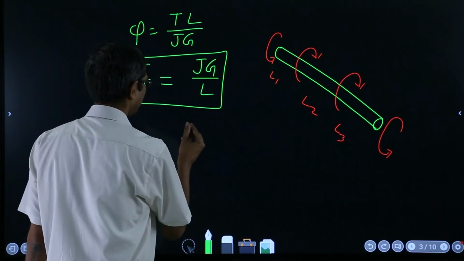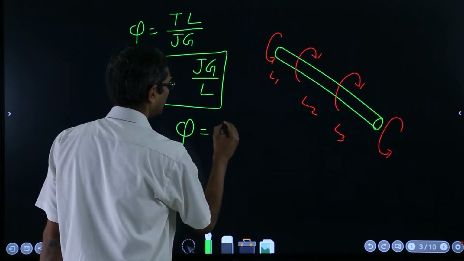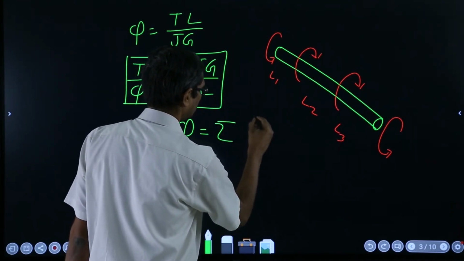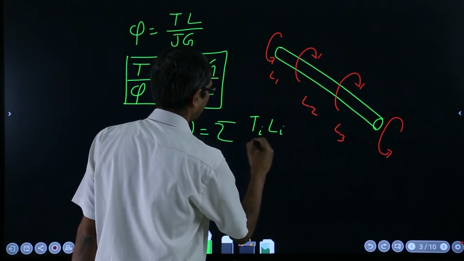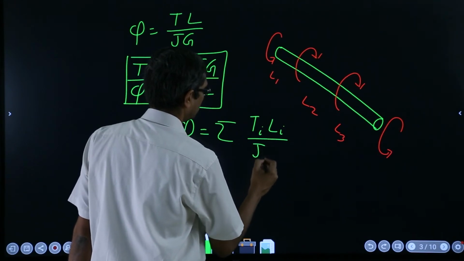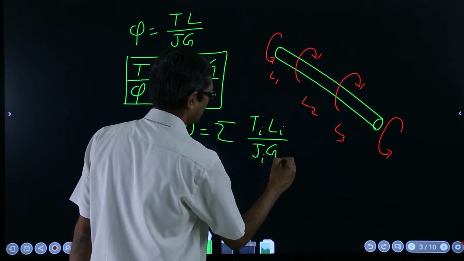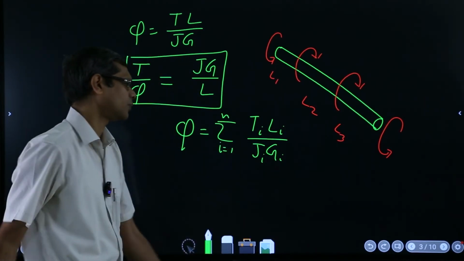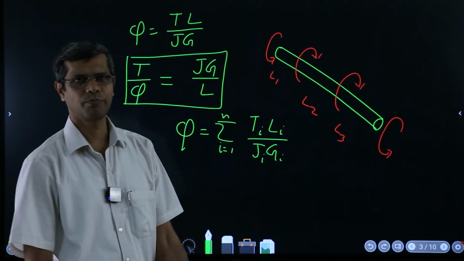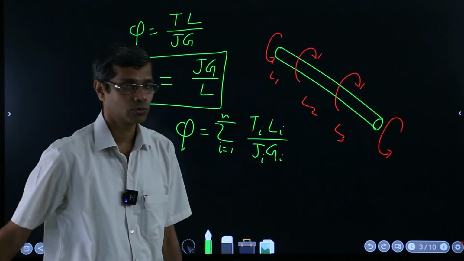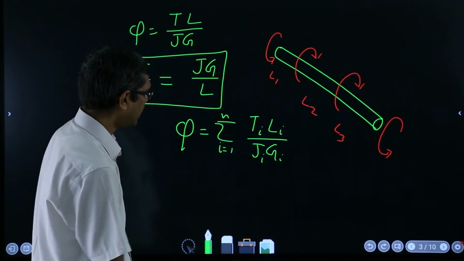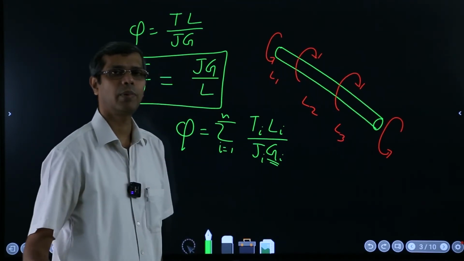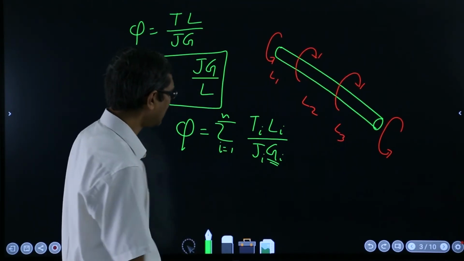So total phi will be just the algebraic sum of all these: the sum of Ti Li over Ji Gi, for i equal to 1 to n, whatever number of shafts you have connected. This tells you that you can even use different material for different portions of the shaft.